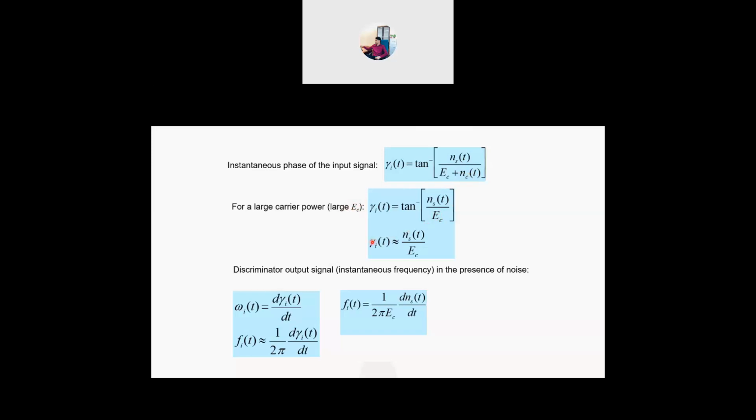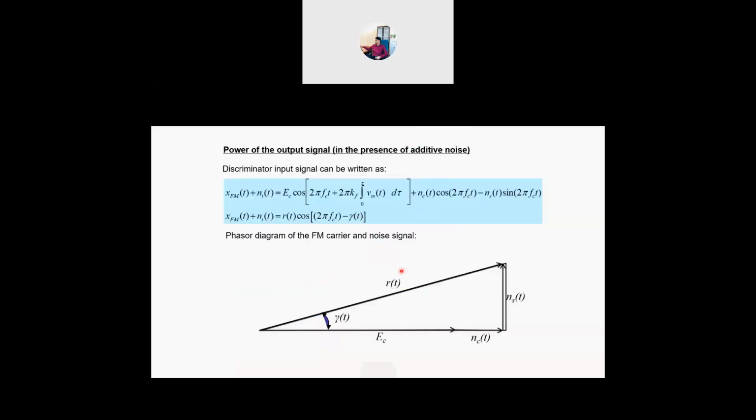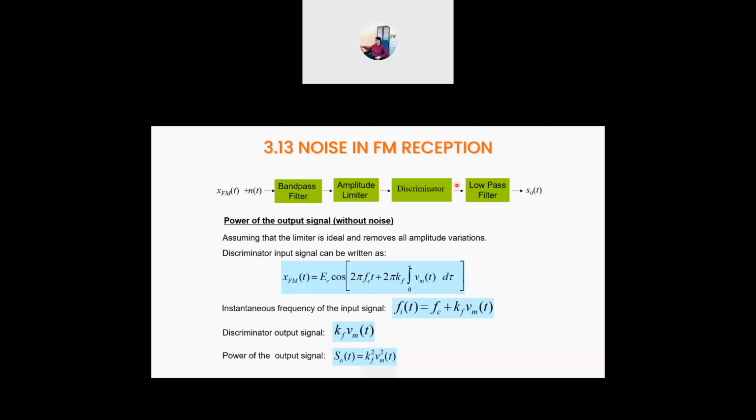Then we will have the instantaneous phase of the input signal equivalent to the ratio of your Ns(t) over Ec, the carrier magnitude, if we have large carrier power. So the discriminator output signal, instantaneous frequency. The discriminator output signal means this output from here.